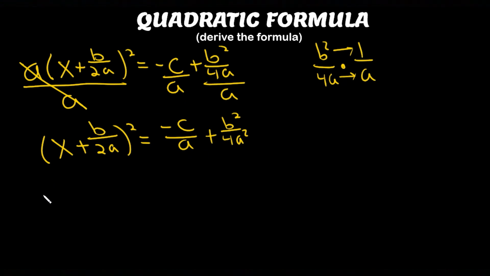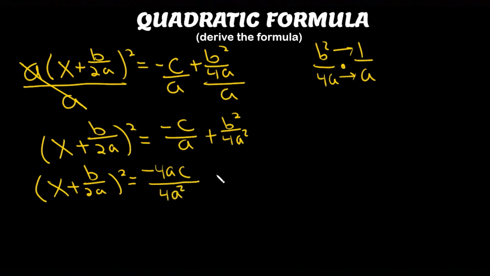I'm going to rewrite the problem. I have x plus b all over 2a squared equal to, so again, I'm going to multiply this fraction right here, both bottom and top, by 4a. And that will give me negative 4ac, right, all over 4a squared. And then plus b squared all over 4a squared.